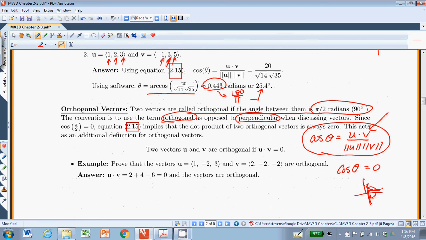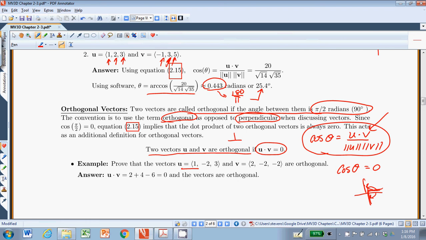So we can actually use this as a definition. Two vectors are orthogonal or perpendicular if their dot product is 0. And it goes the other way around. If their dot product is 0, then the two vectors are orthogonal.